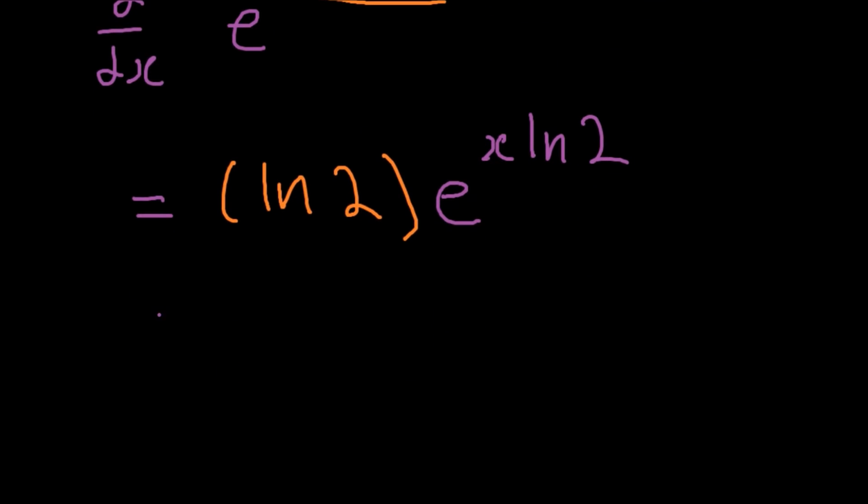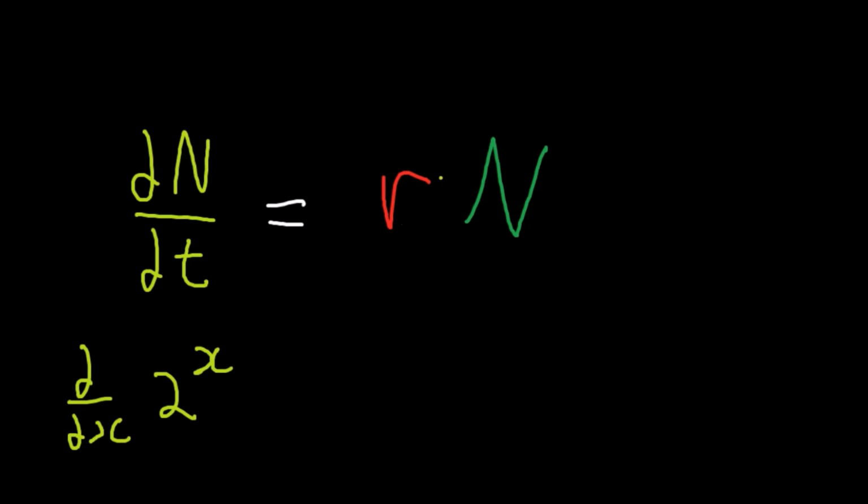And simplifying the expression on the right gives us that d/dx 2^x equals the natural log of 2 times 2^x, where we can easily see that this follows the same exponential growth rate expression we'd want, but this time the fertility constant, we called it, is the natural logarithm of 2.